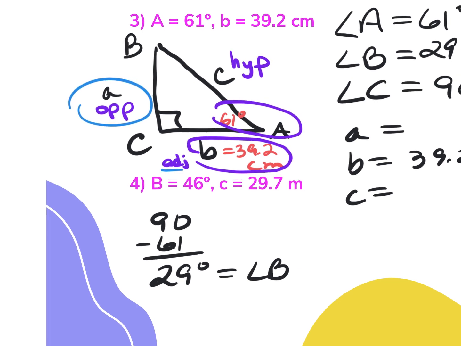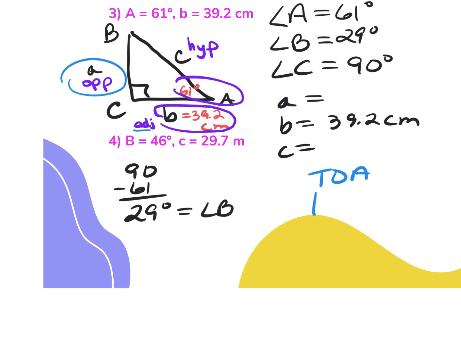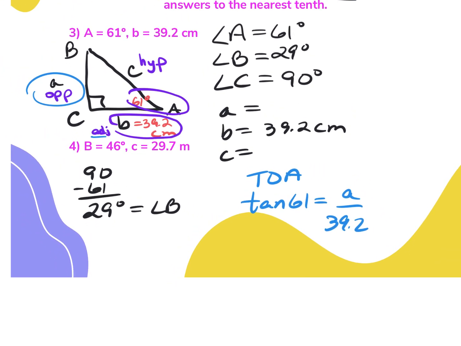Okay, so we're going to be doing TOA to find lowercase a. So tangent of 61 is equal to opposite over adjacent. Okay, so now, because my variable is in the numerator, I have to multiply to solve. So I'm going to multiply both sides by 39.2.